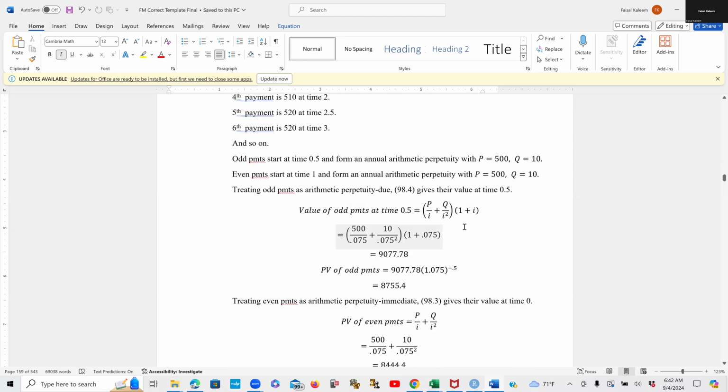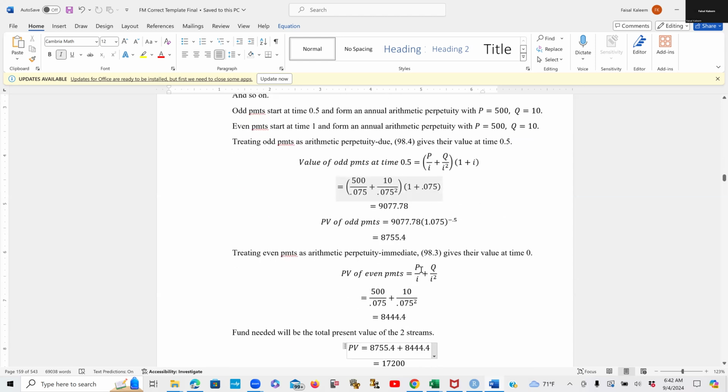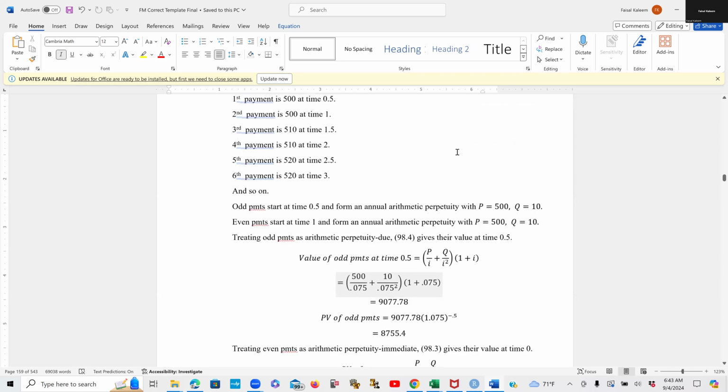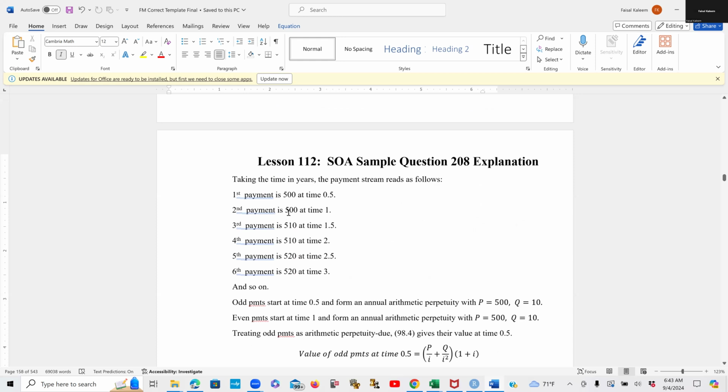So we won't need any further pulling back if we use the arithmetic perpetuity immediate formula on the even payments. That is P over I plus Q over I squared. Again, for the even payments, the first of them is 500 and the common difference is 10, because they're 500, 510, 520.